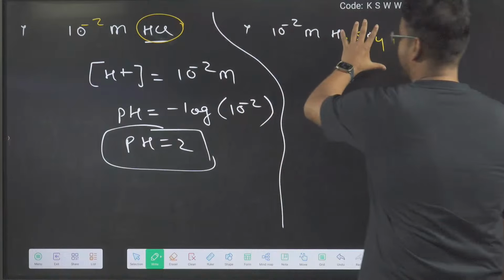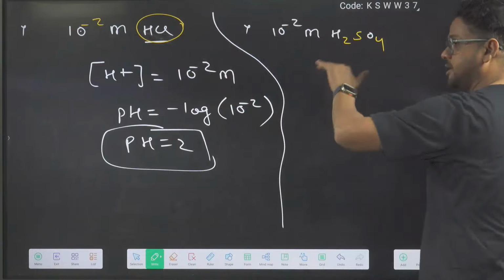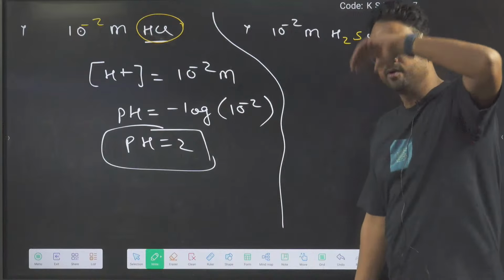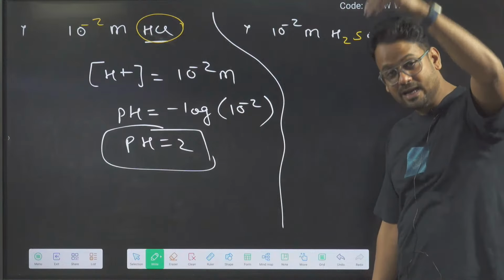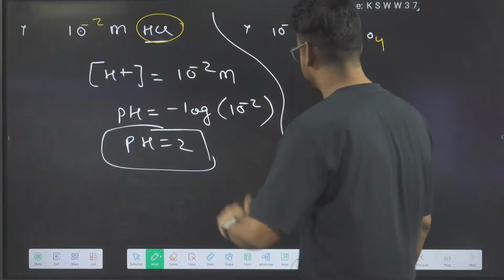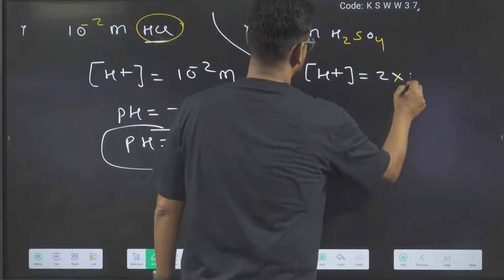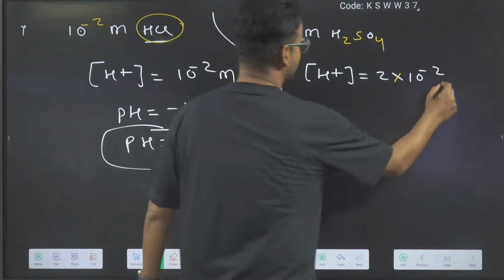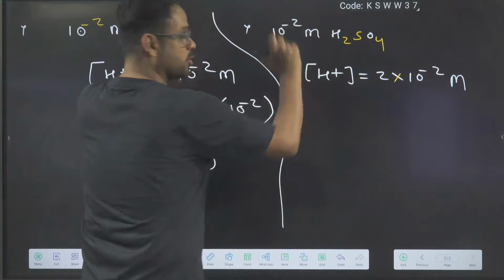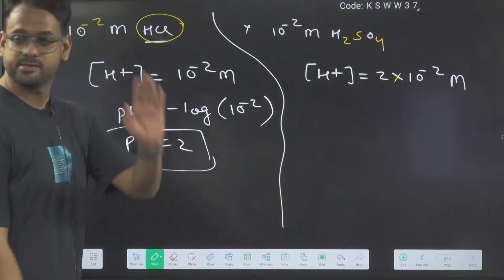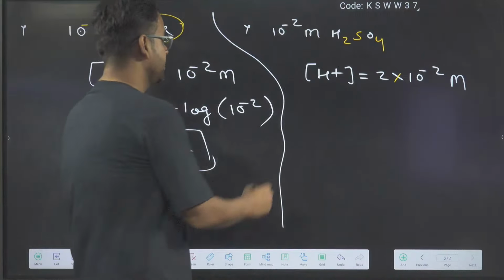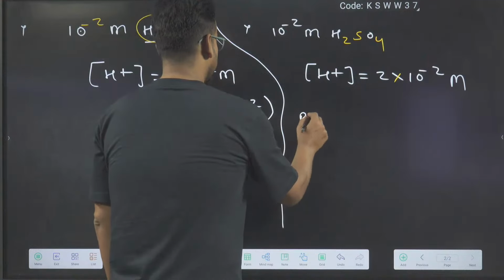If this is a diprotic acid, then for the same concentration it would be more acidic, and pH should be less. So here the H plus concentration would be double: 2 into 10 to the power minus 2 molar, because it's a diprotic acid. And now I would take the minus log.